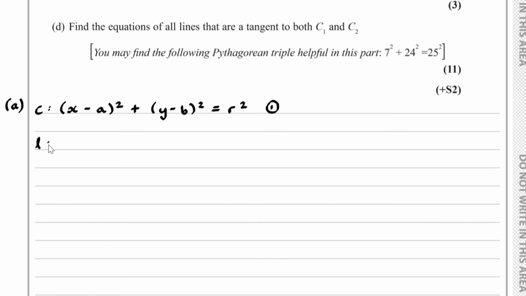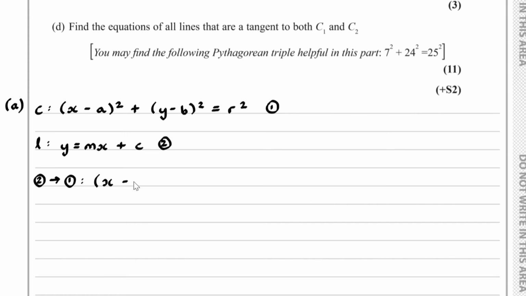And if we take a look at L, we have y equals mx plus c. We'll call this equation 2. So what we will do is substitute equation 2 into equation 1 to eliminate the y's.